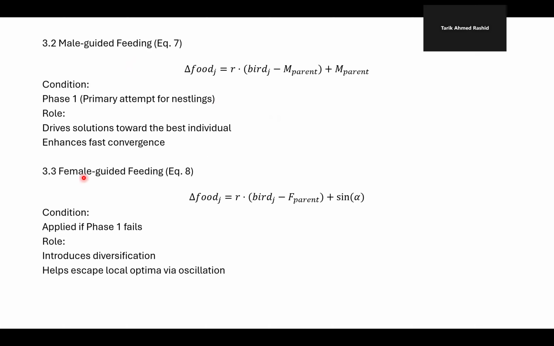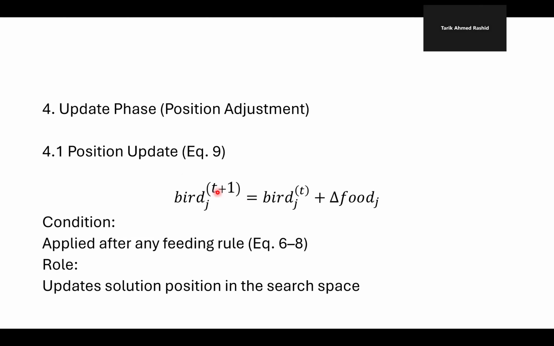Here is a similar equation, but with little changes: this is female-guided feeding for its nestling. So that's the male one, that's the female one. When one didn't produce a better solution, we try the other. And here is the update phase, position adjustment.